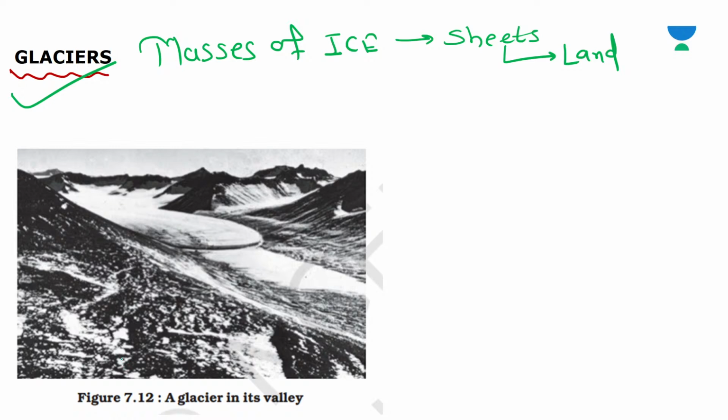Now see the diagram. The movement of a glacier is slow, unlike water flow. The movement could be a few centimeters to a few meters a day or even less or more.